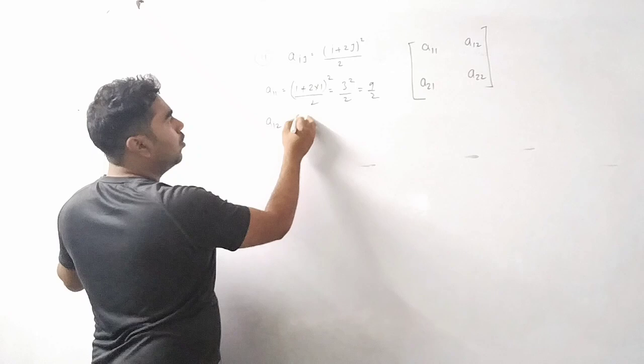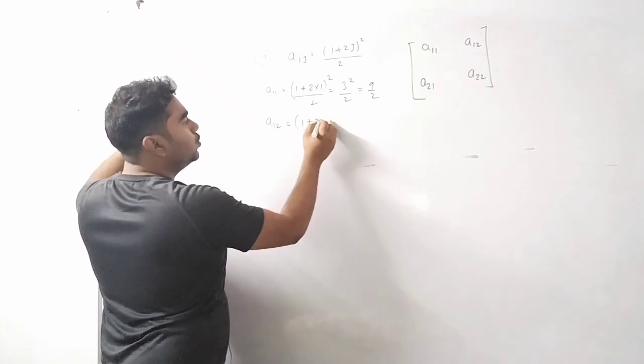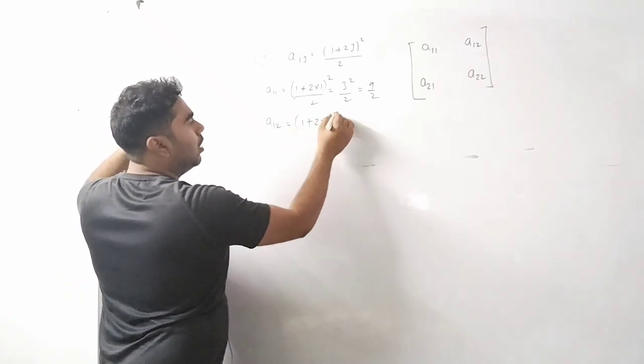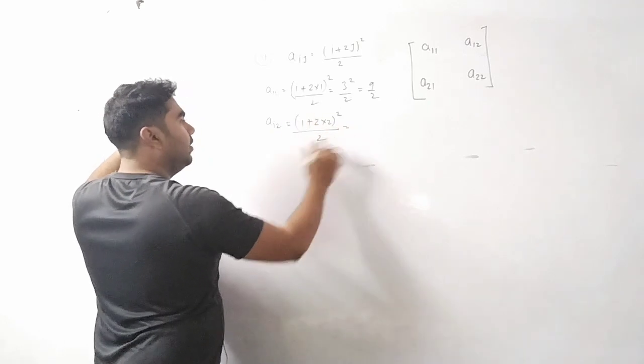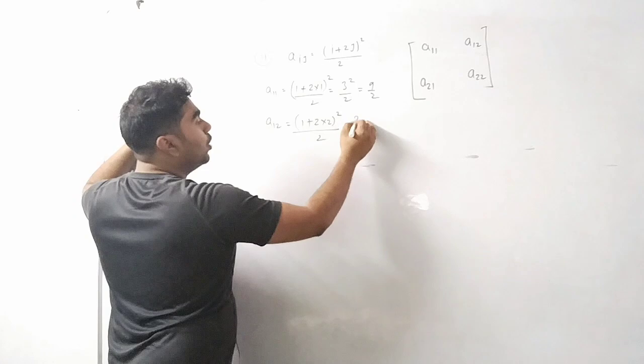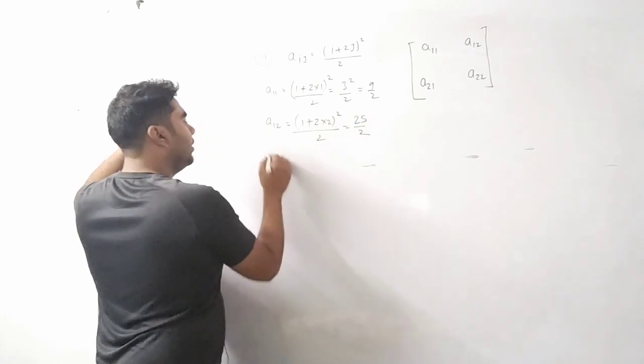A12: (1 plus 2 into 2) whole squared upon 2, 4 plus 5 squared, 25 upon 2.